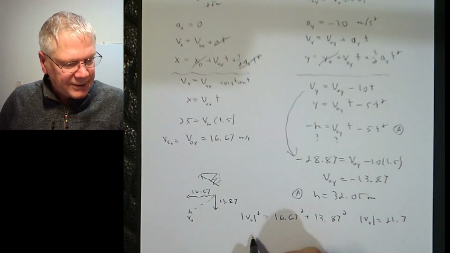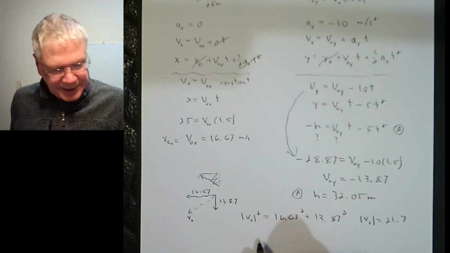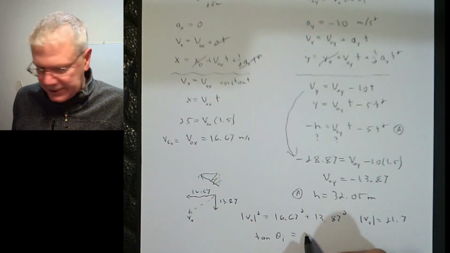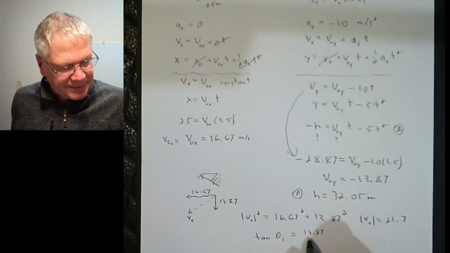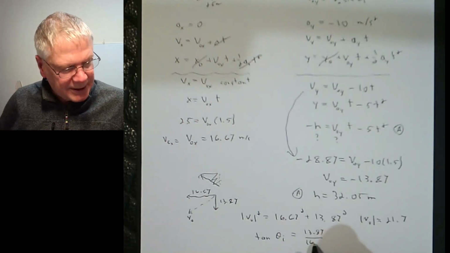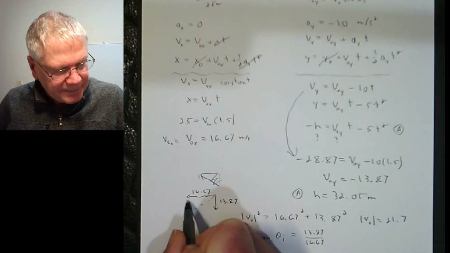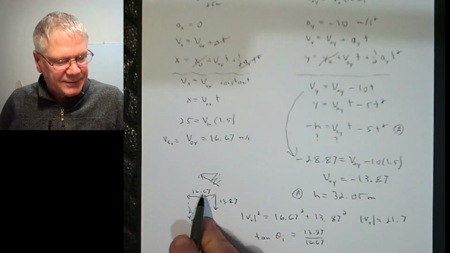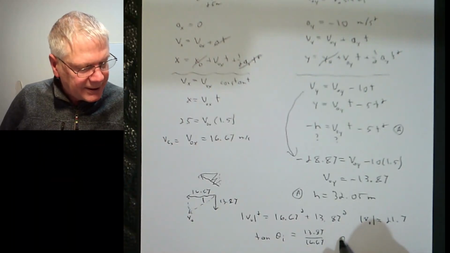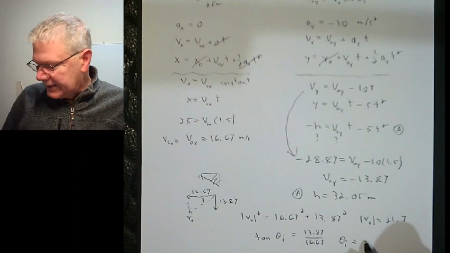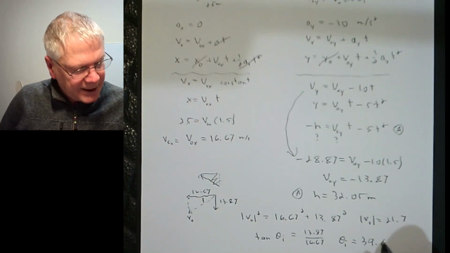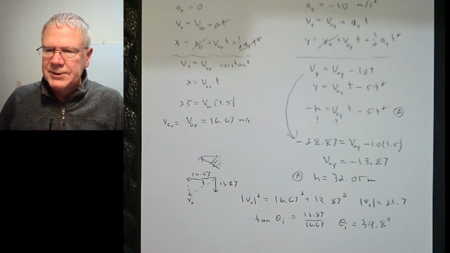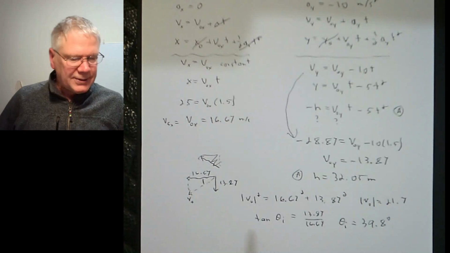And you can find this angle: tangent of theta initial is equal to the y, which is 13.87 over 16.67. That's opposite over adjacent. And you'll get an initial angle of 39.8 degrees.